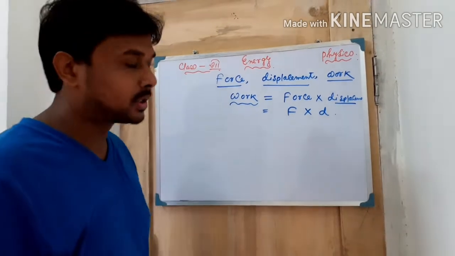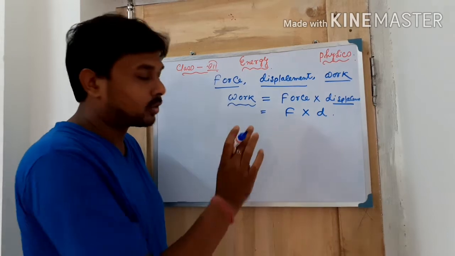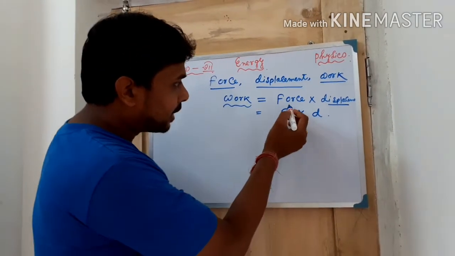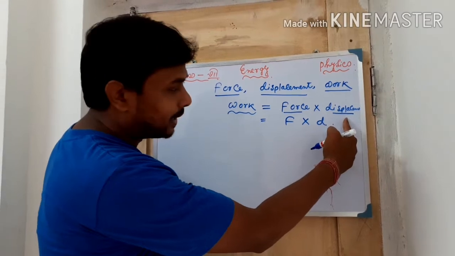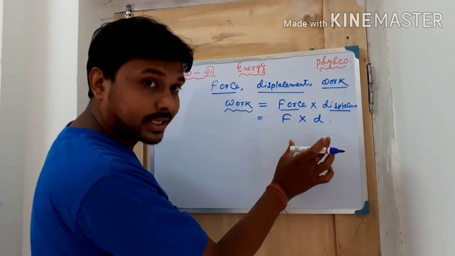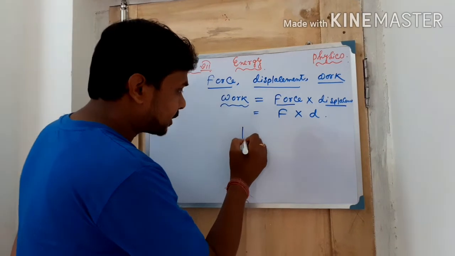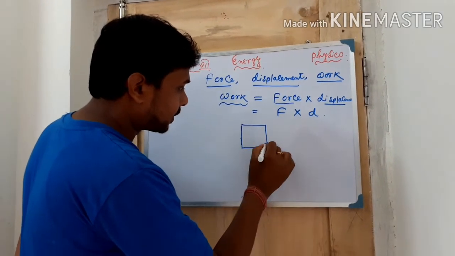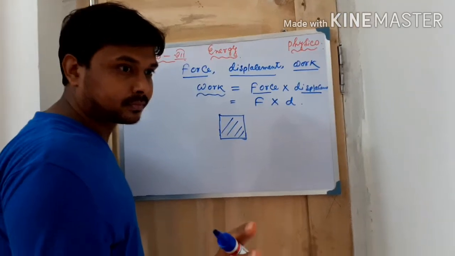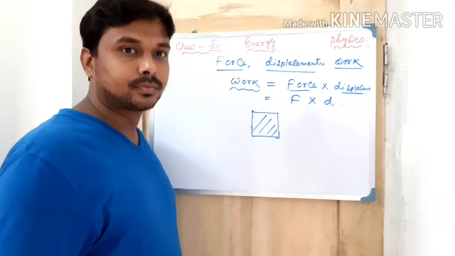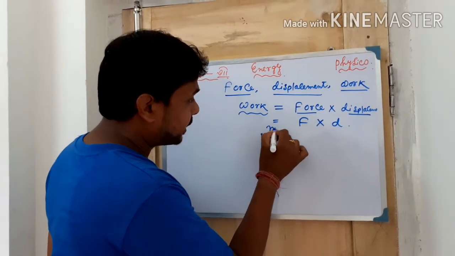Now come to the actual concept of force and work. If you apply force on a body and displacement takes place, then you say that some amount of work has been completed. For example, suppose a body of mass m is kept somewhere.